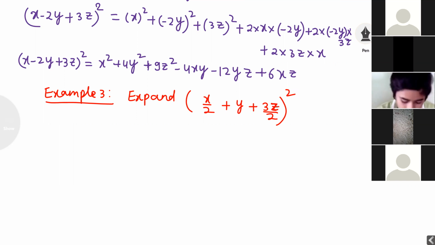The value of a is x by 2. The value of b is y. The value of c is 3z by 2.